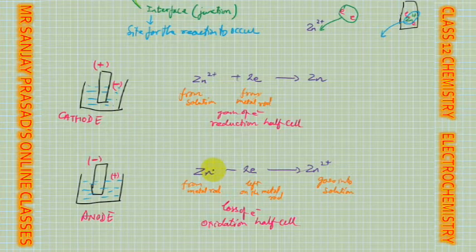In the cathode, the metal rod becomes positive and the solution becomes negative. In the anode, the metal rod becomes negative and the solution becomes positive. So in either case, a potential difference is developed, whether it is the oxidation part or the reduction part.